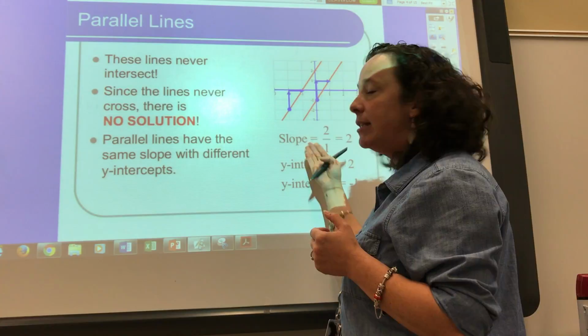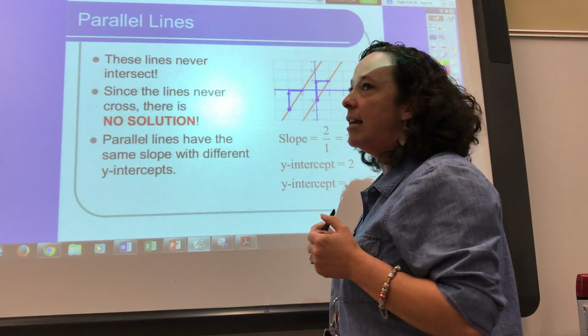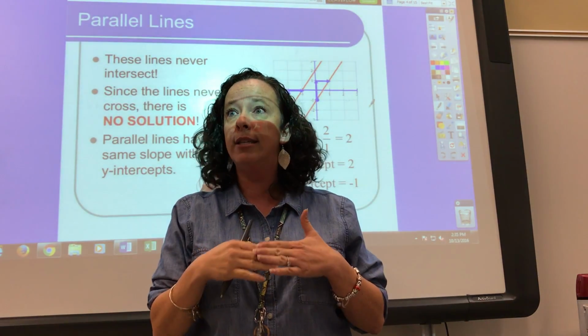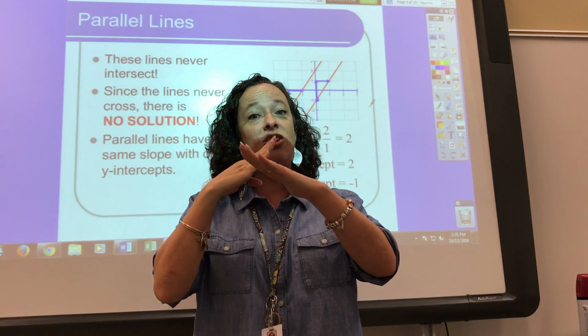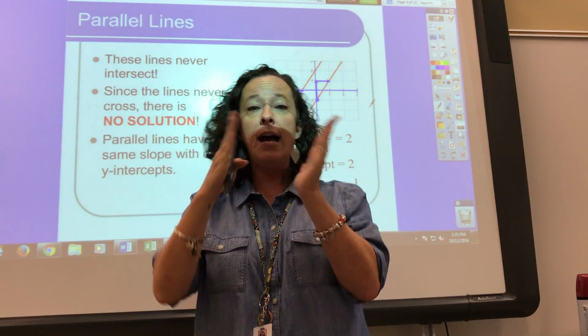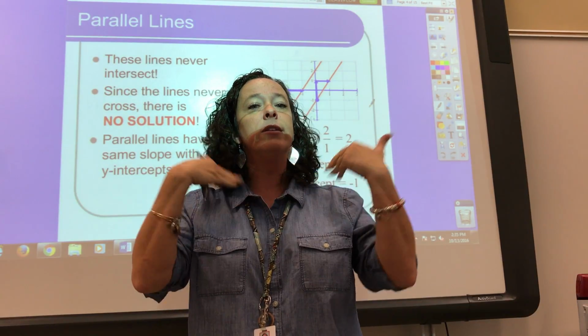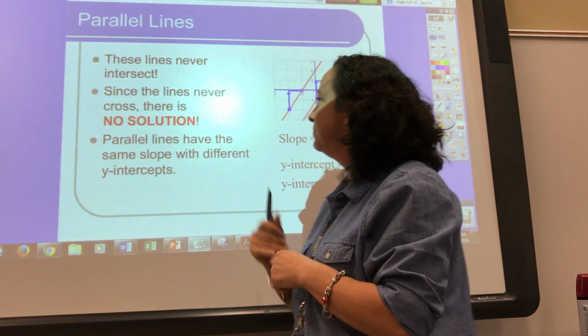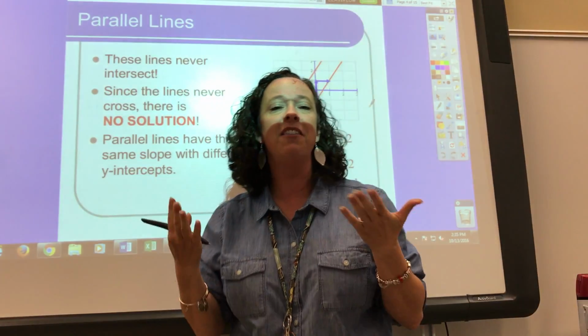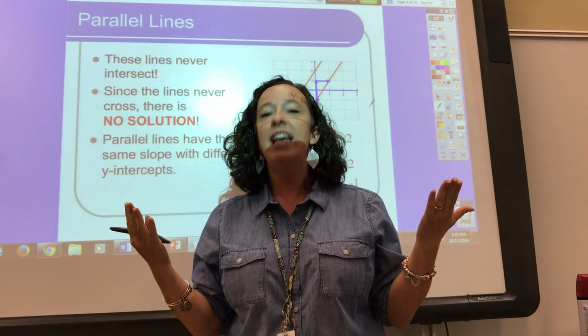So they have the same slope, but different y-intercepts. And since the solution of a system of equations is the intersection point, parallel lines do not have an intersection point. They just don't. So if you have parallel lines, the solution is no solution.